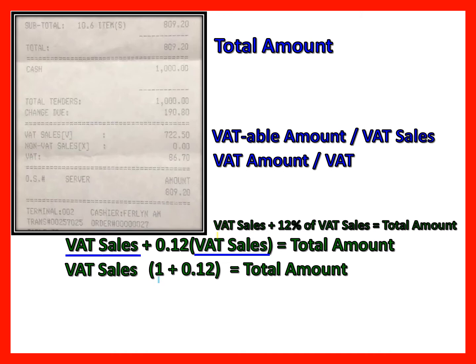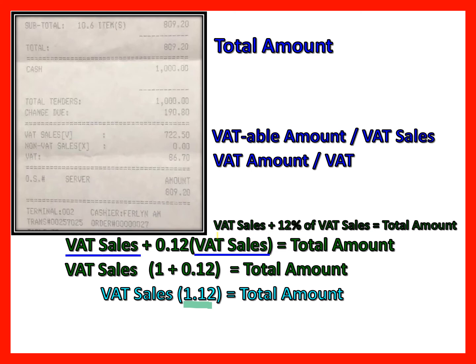So from here, we can add 1 plus 12 hundredths, that is 1 and 12 hundredths. So now, this is the formula that I am going to use. Remember this formula because later I'm going to use it again. So VAT sales multiplied by 1 and 12 hundredths equals total amount.